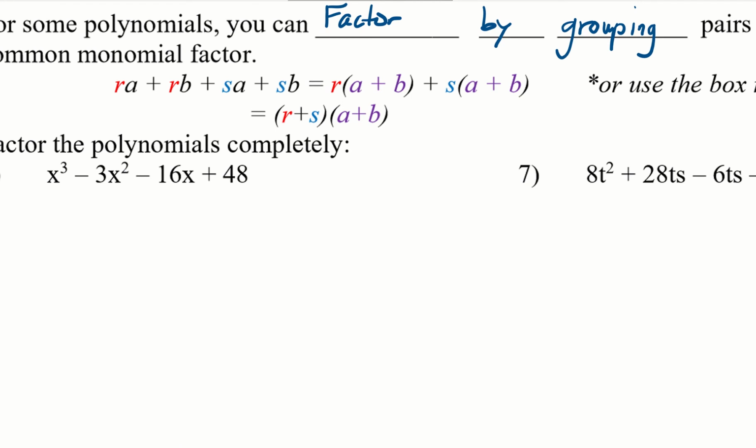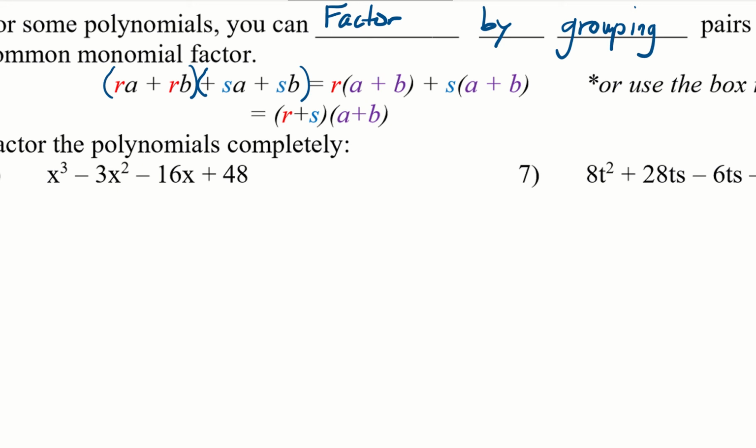Well, what's happening is the first two terms have R in common. So we're going to group those together and factor the R out. The last two terms have this S in common. So we're going to group them and factor out the S.